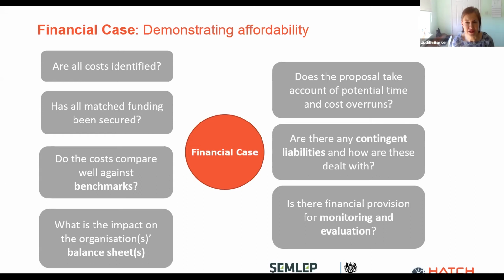I think one of the other things to consider is the what ifs. So that question, does the proposal take account of potential time and cost overruns? That's a real issue for both capital and revenue projects. In the community grants programme that we run, a lot of those grants were approved and then providers realised they had to move online.